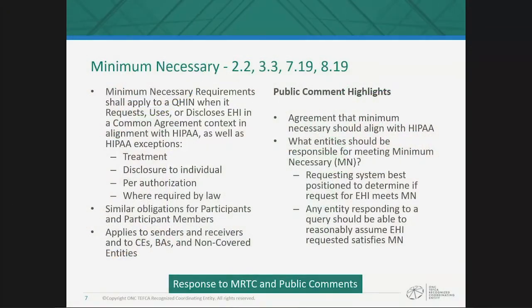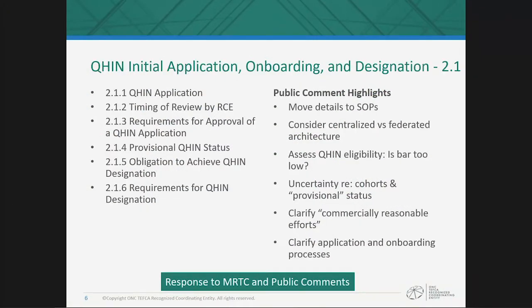Is there any concern in the room about putting things in standard operating procedures as opposed to the main body of the agreement? While you're thinking about that, we have a question or a comment. The question I had as you were talking about flowing the terms down, and this may be a really dumb question, so I apologize.